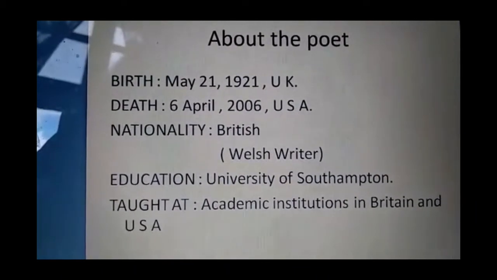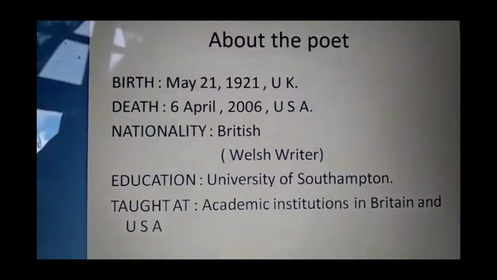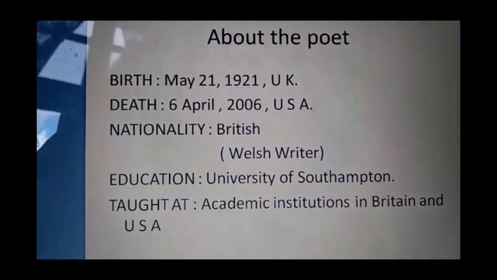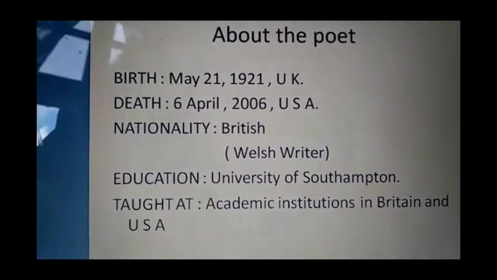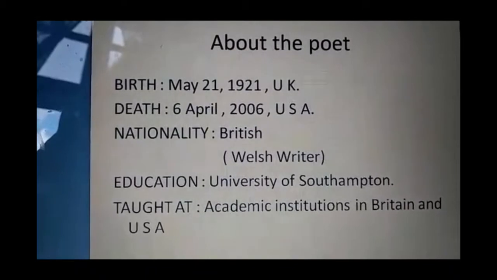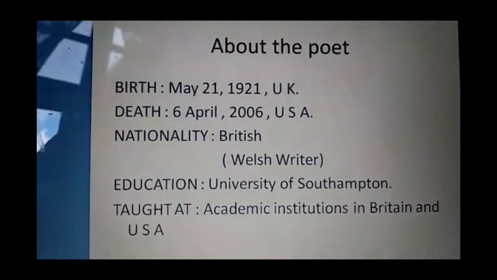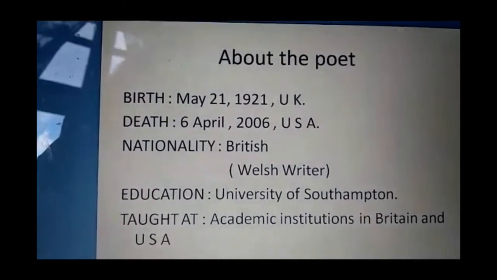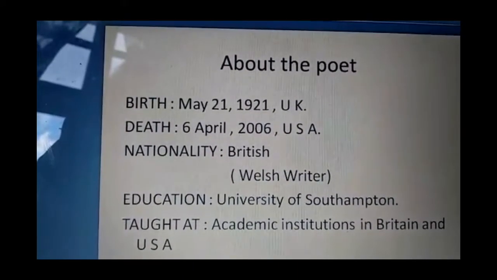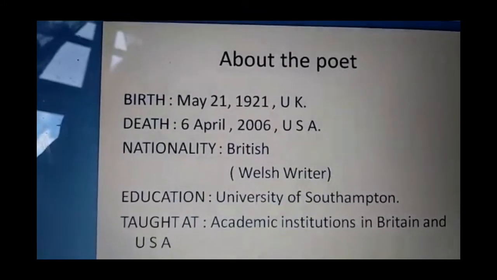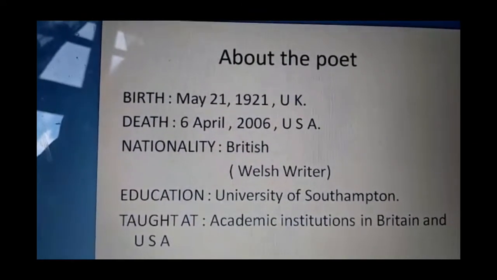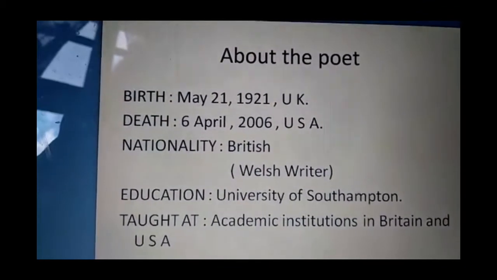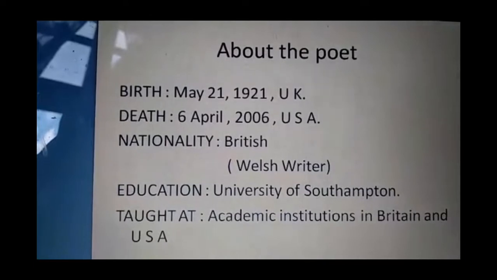He was born on 21st May 1921 in the United Kingdom, and he died on 6th April 2006 in the USA. He is a British writer, more particularly a Welsh writer, and he had his higher education from the University of Southampton.